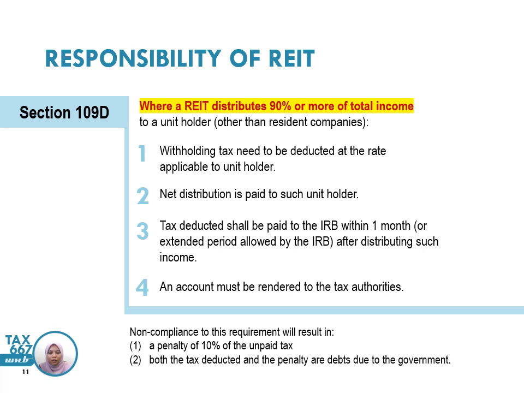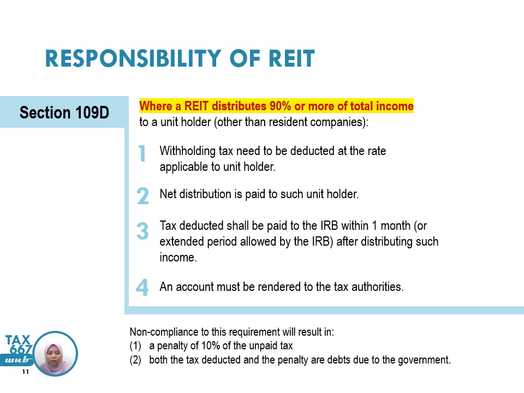Dan kalau lepas dah tolak withholding tax tu, dia kena distribute the net income to unit holders. Ambil 10%, lagi 90% tu kena bagilah kepada unit holders, jangan simpan pula.